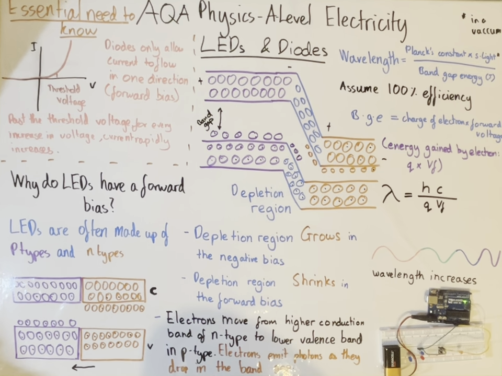So for LEDs, when our electrons drop down to the lower valence band, they emit energy in the form of photons. And this is what we use for our LEDs.